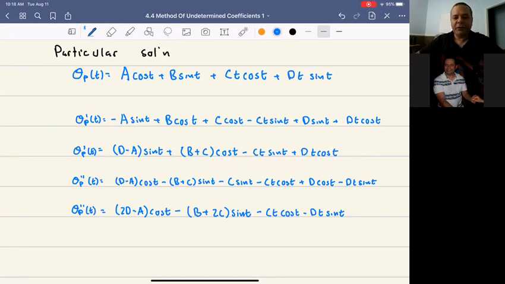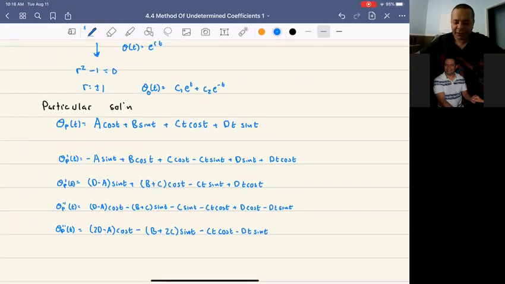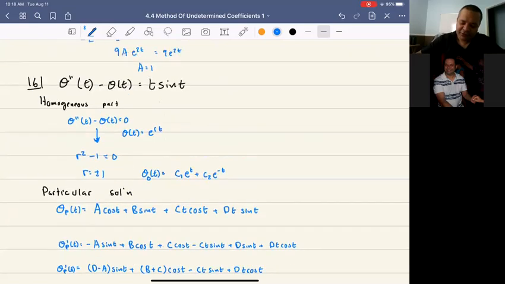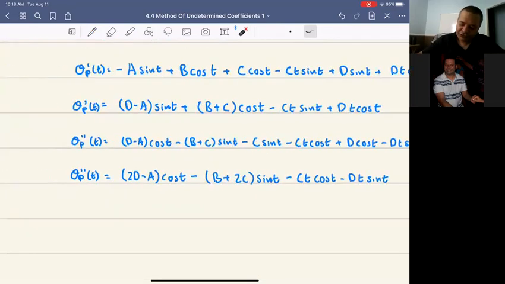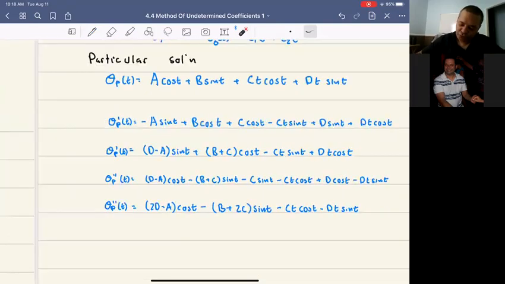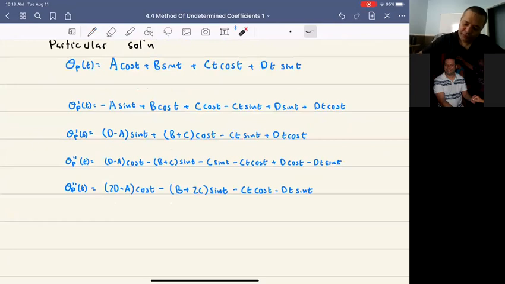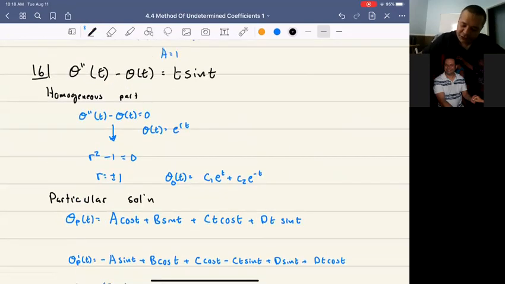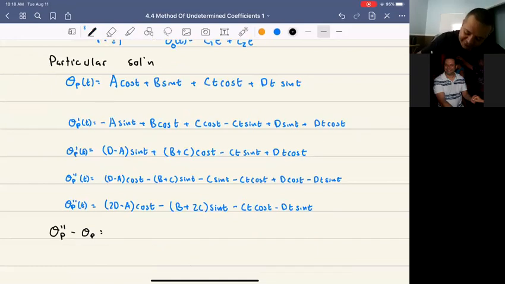Okay. Now we're going to plug those in to our original equation. So theta p double prime minus theta p should equal t sine of t.